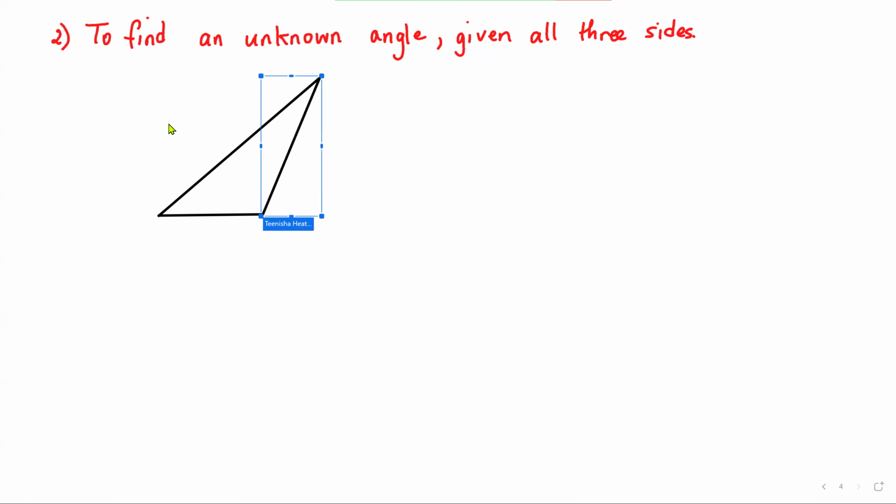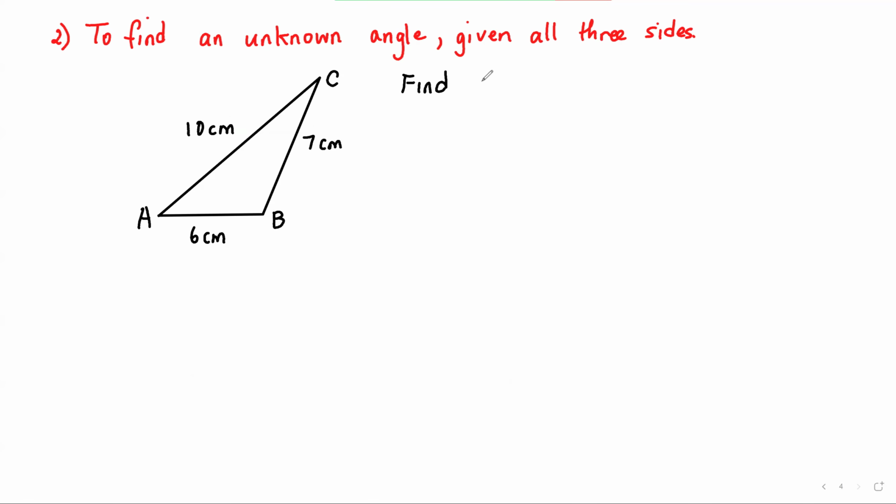Good. So consider this triangle ABC. Let's say this side here is 6 centimeters. This side is 7 centimeters, and this side is 10 centimeters. All right. So calculate angle B.